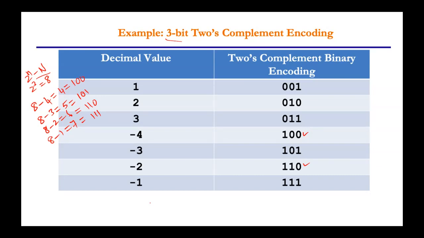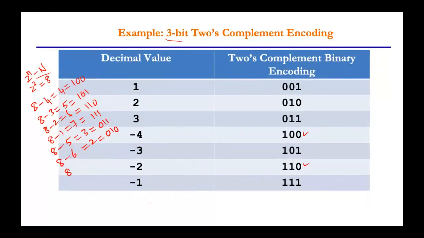Okay. Suppose you have the number 5, you can write 8 minus 5 is equal to 3. Its equivalent binary number is 0 1 1. Right? And if 8 minus 6, then that's 2. Its binary equivalent value is 0 1 0.